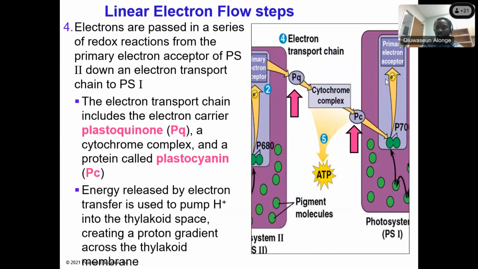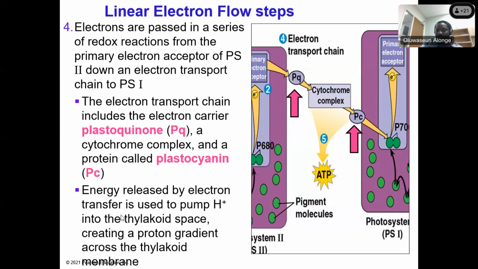Electrons are then passed through a series of redox reactions from the primary electron acceptor here, and it goes down from PS2 through the transport chain to PS1. The electron transport chain includes PQ, which is plastoquinone, the cytochrome complex, and plastocyanin, PC.